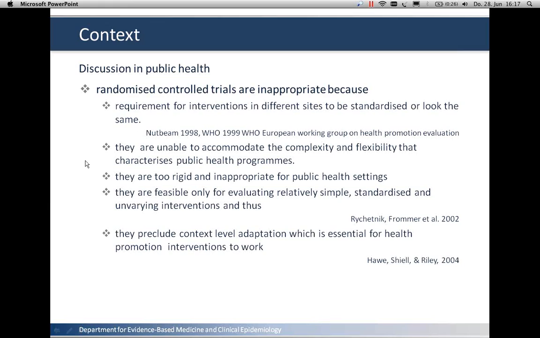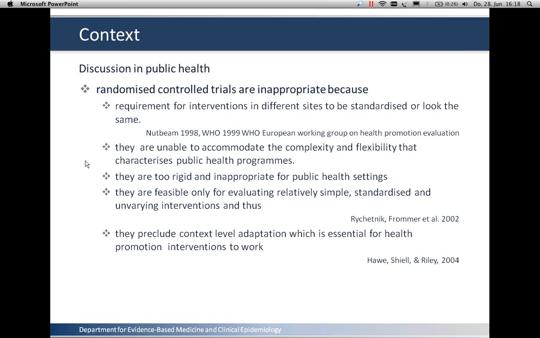Then there's the claim that RCTs are unable to accommodate the complexity and flexibility that characterize public health programs. This means that public health and even health promotion interventions are tailored to the needs of the target group.